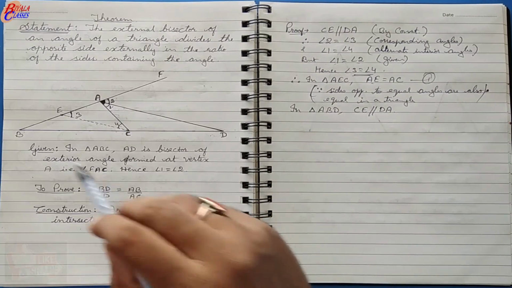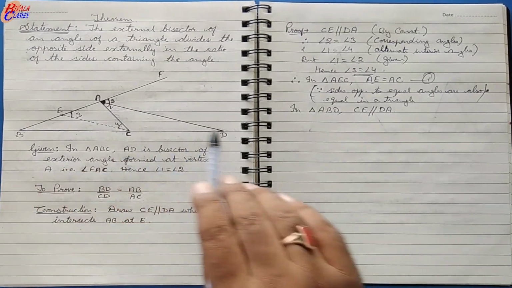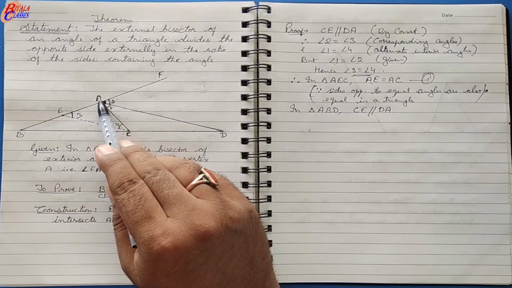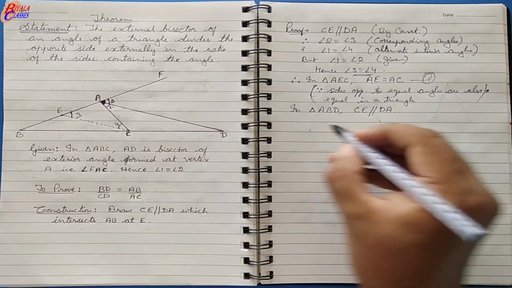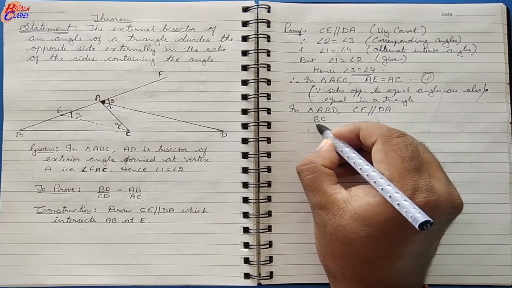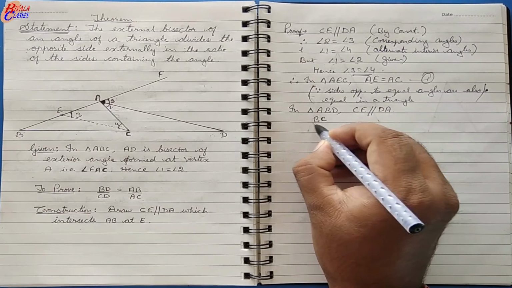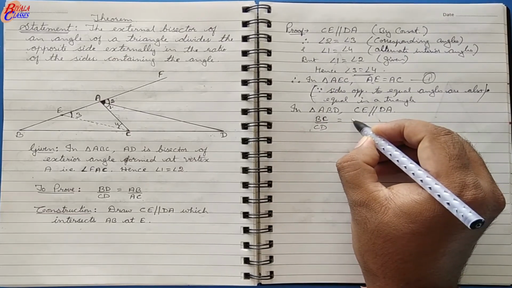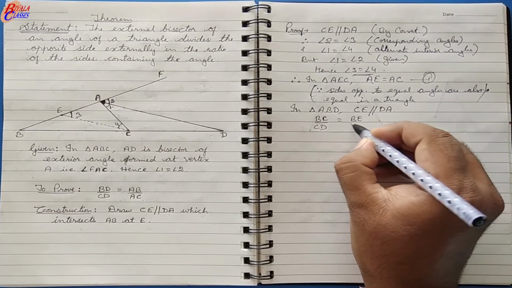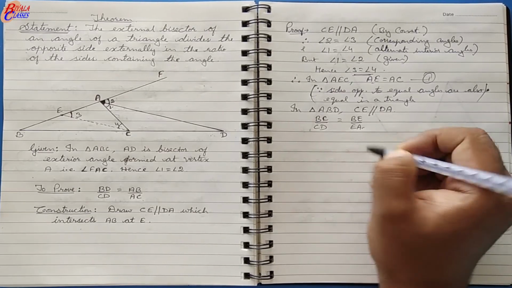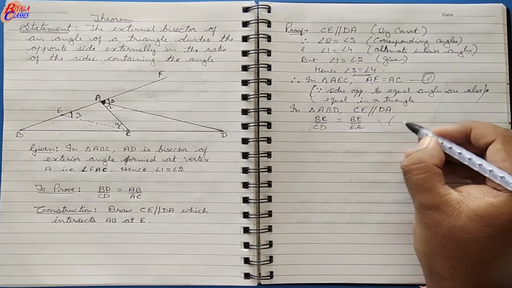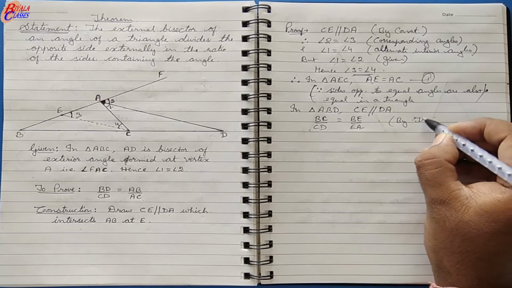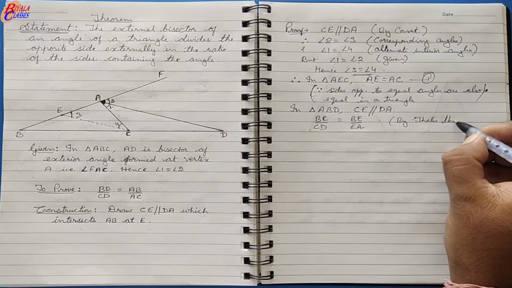The basic proportionality theorem gives BC upon CD is equal to BE upon EA. This is the result which we have by using the basic proportionality theorem, which is also known as Thales theorem.